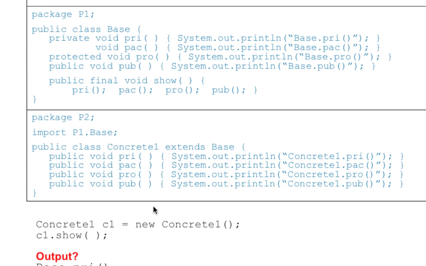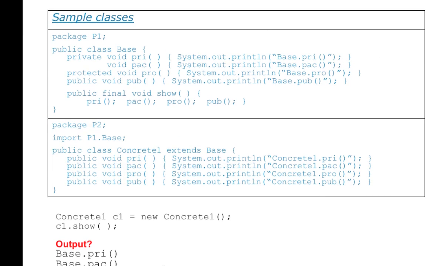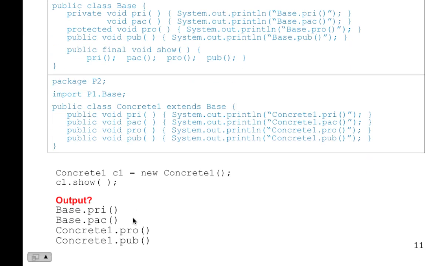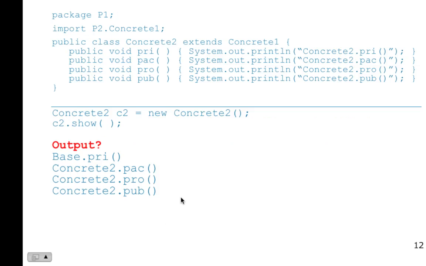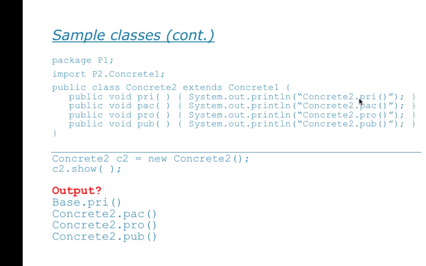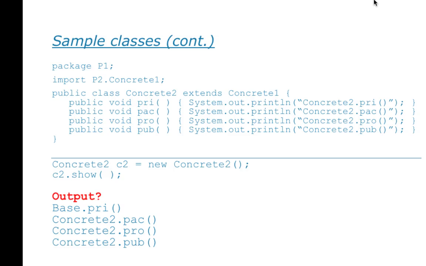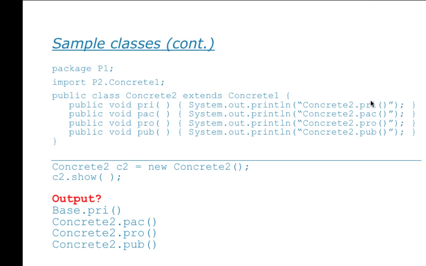But the behavior is kind of interesting. And the behavior, if we run base.p1, base.pack, concrete pro, concrete publisher, we get, oops, let's see. Yep. Oh, actually, that's what's printing out. It's printing out the names. That's why the example's bad. I knew there was something wrong I didn't like about this example.